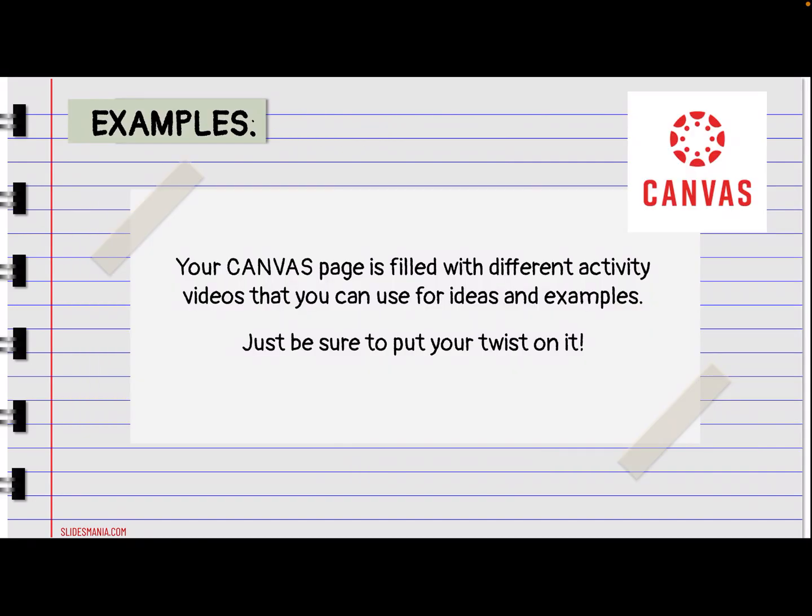Your Canvas pages are filled with different activity videos that you can use for ideas and examples. But so you don't have to go hunting, down below this video, I've put a few of my favorite examples that I think will be easy for you to use to help you make your own game video.